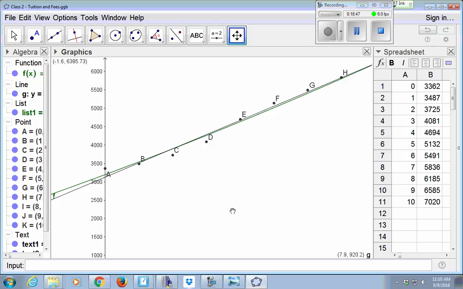It just happens that the parabola is a little better at predicting and estimating the actual cost and tuition based on this data set.